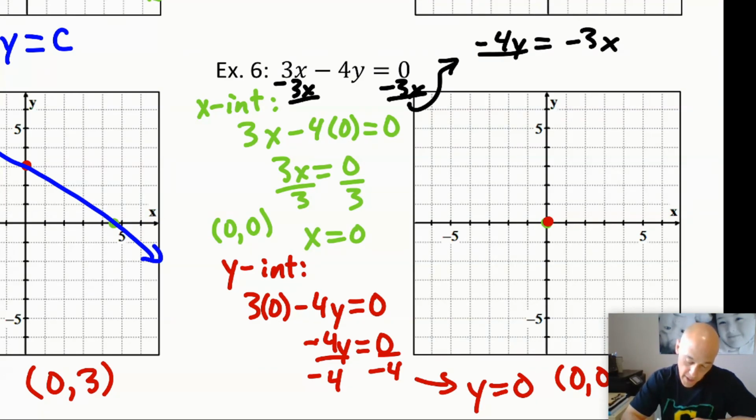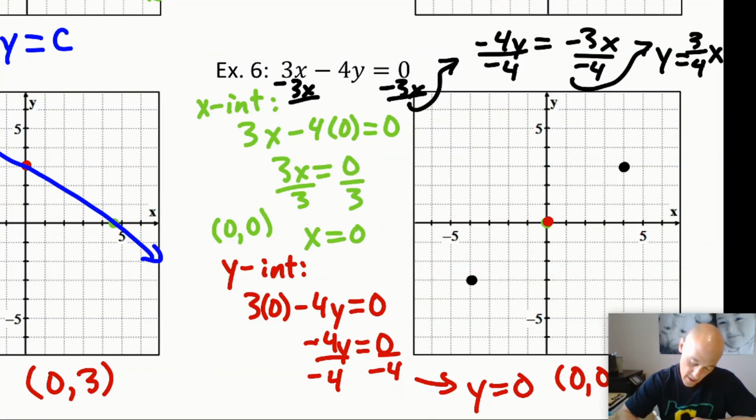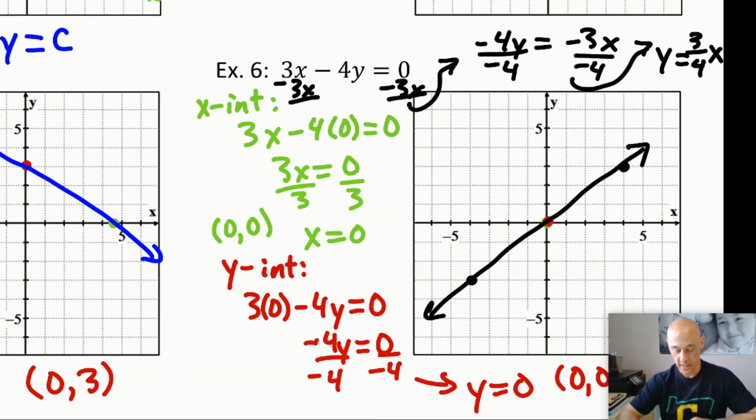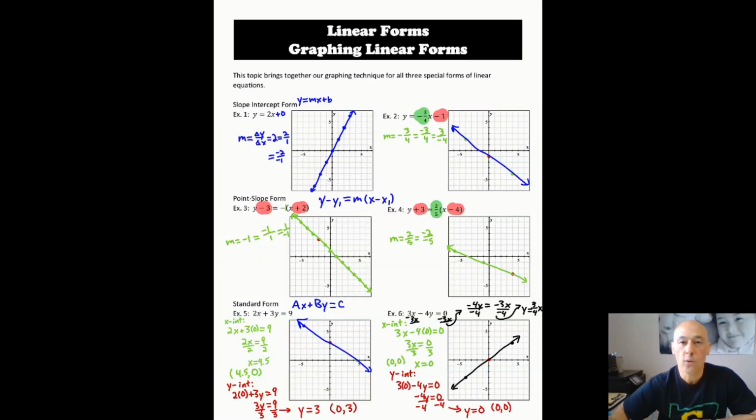And then I divide by negative 4, and I get y is equal to 3/4 x. So that tells me I go up 3 and to the right 4 to find another point. Up 3 and to the right 4, or down 3 and to the left 4, and connect those up. And there is my graph. That last one was a little tricky.